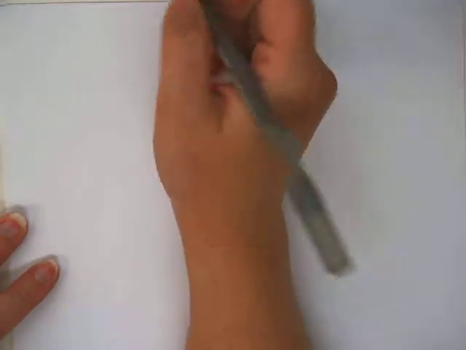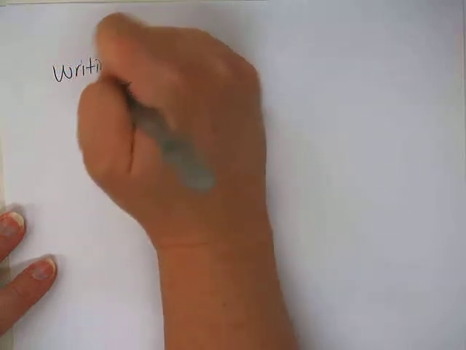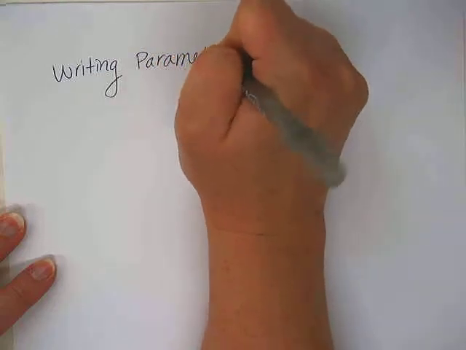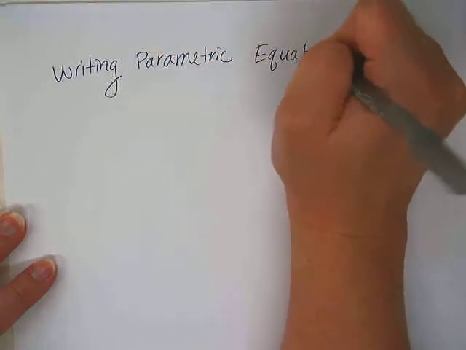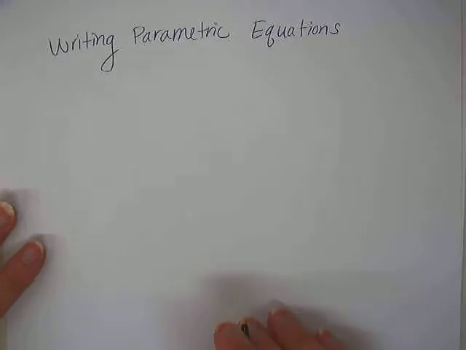We're finishing section 6.5. We're learning how to write parametric equations. Okay, so what we're going to do is just an example.